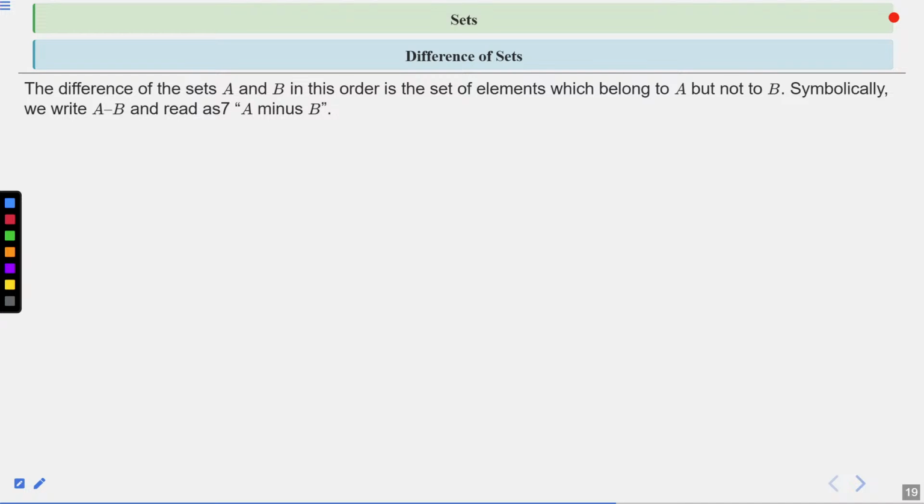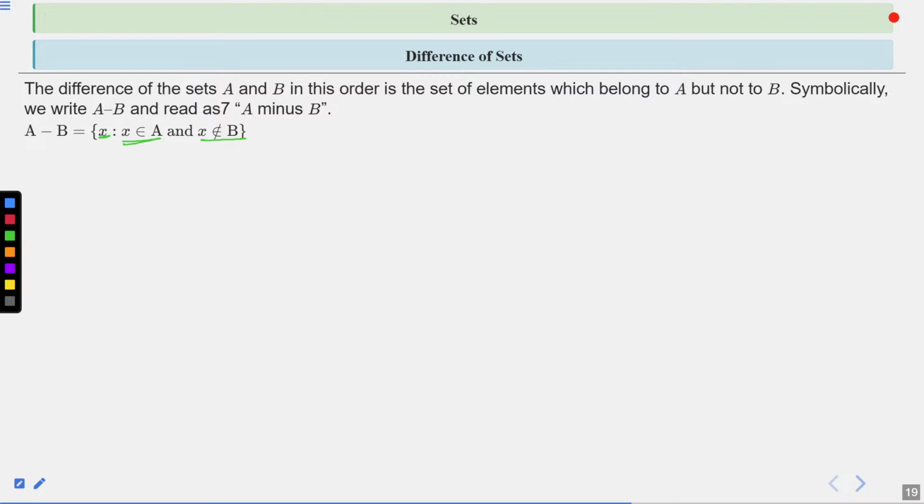Suppose we have to find the difference of A and B, meaning we have to collect elements which belong to A but do not belong to B. In symbols, A minus B represents elements belonging to A but not in B. So in set builder form, you write the collection of all x such that x belongs to A but x does not belong to B.